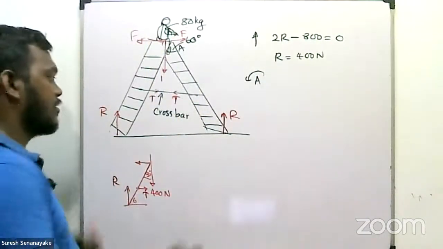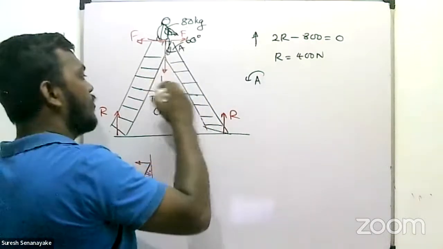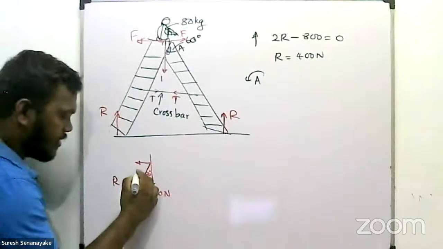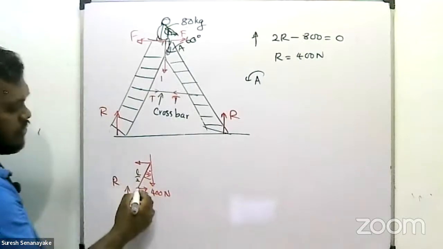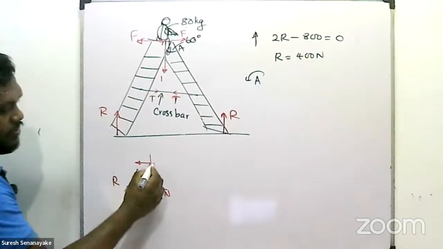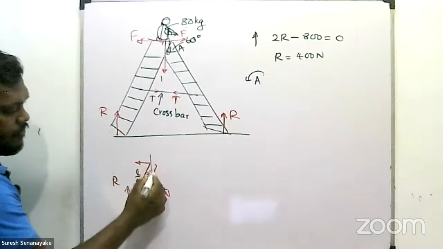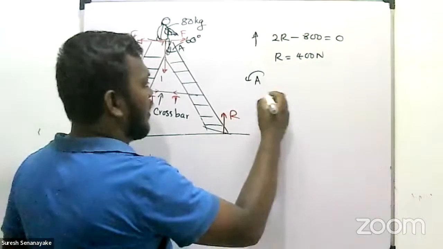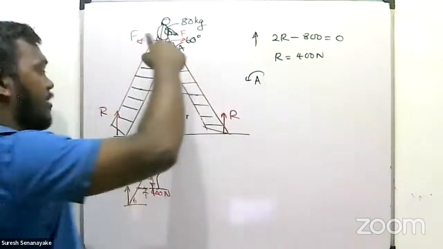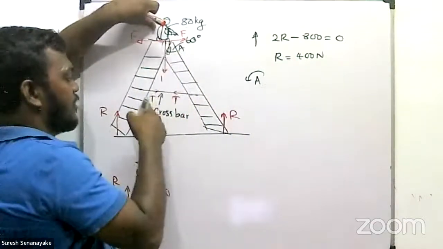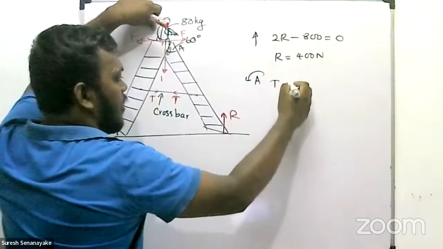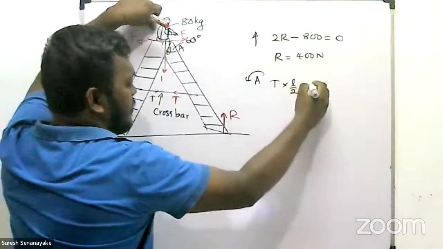So here you know there is 30 degrees and this length is L over 2. I need to get the distance between these two. That is L over 2 cos 30. So then you can write the moment of the tension T into L over 2 cos 30.